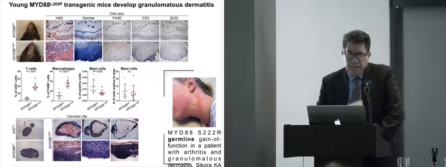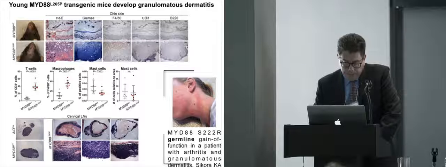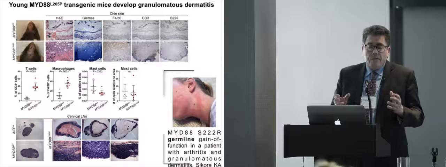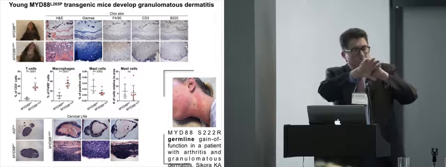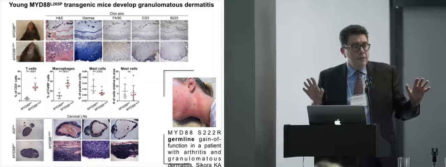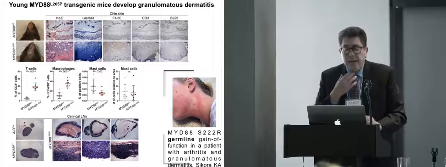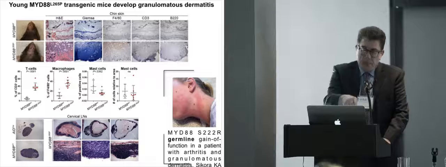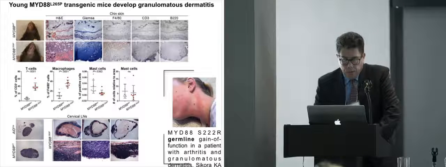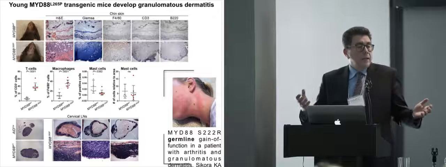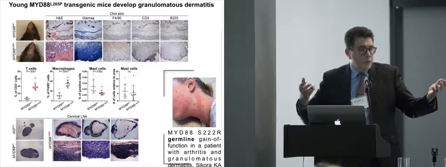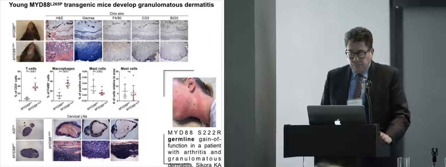We characterized this by immunohistochemistry and immunohistological analysis, and found an inflammatory process, very local. In no other part of the body was there this alteration, only in the neck of mice with this mutation. It was characterized by a large accumulation of macrophages, which is what is called granulomatous dermatitis.